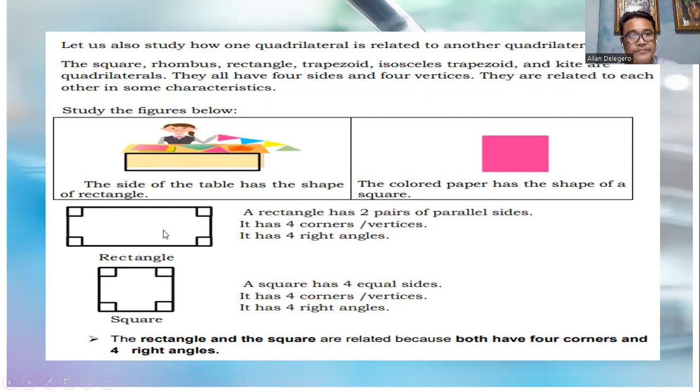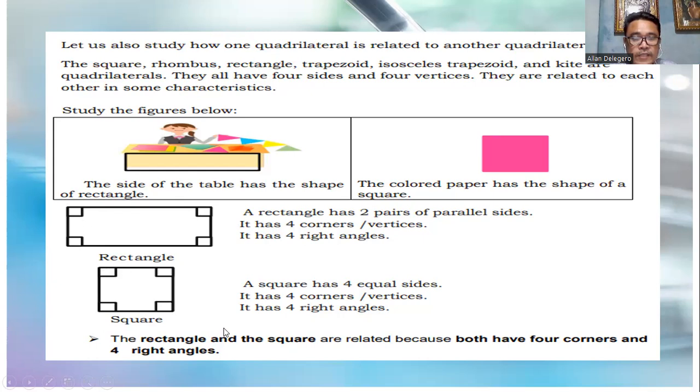So a rectangle has 2 pairs of parallel sides. This one. It has 4 corners. 1, 2, 3, 4 vertices. It has 4 right angles. Square has 4 equal sides.